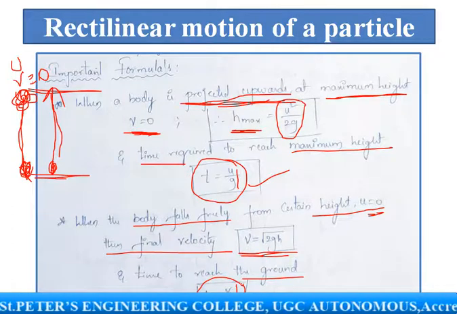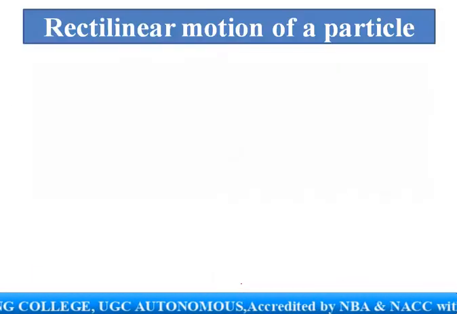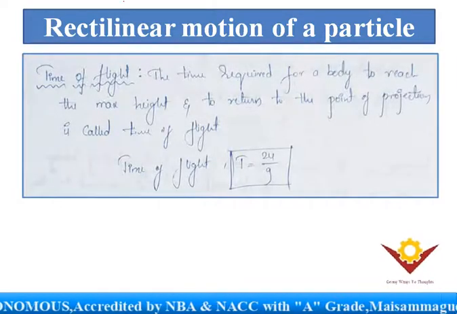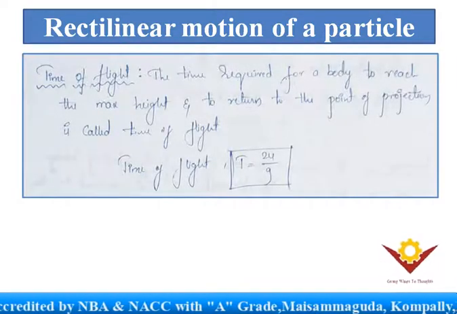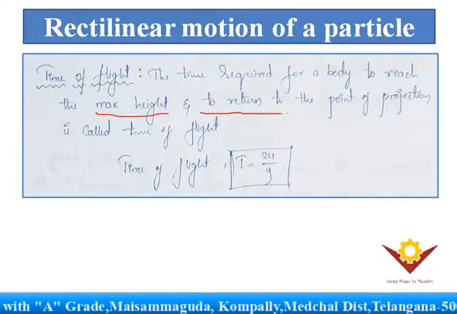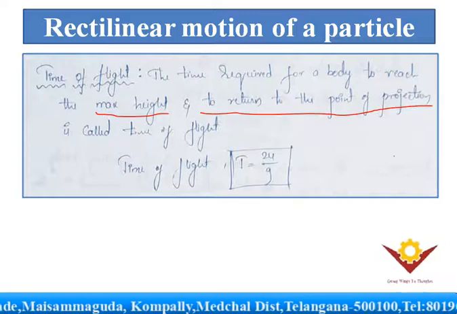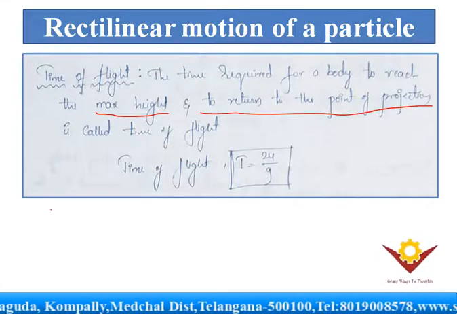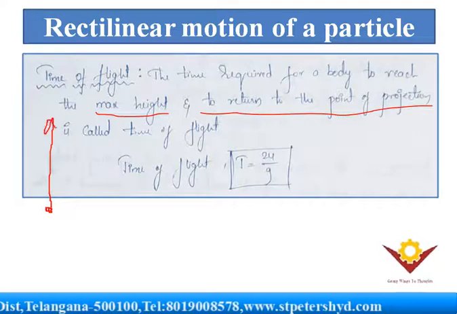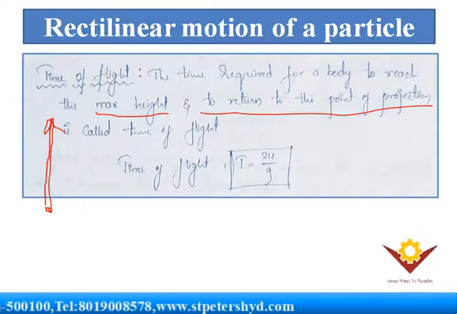So now you can see here, it is the time to reach maximum height, and the time to reach the ground. Next, we have another important formula, which is time of flight. The time required for a body to reach the maximum height and to return to the point of projection. For example, if this is your point of projection, it reaches maximum height and again returns to the point of projection.